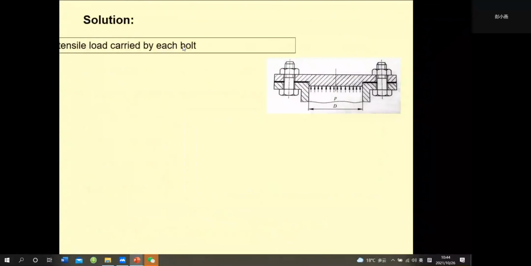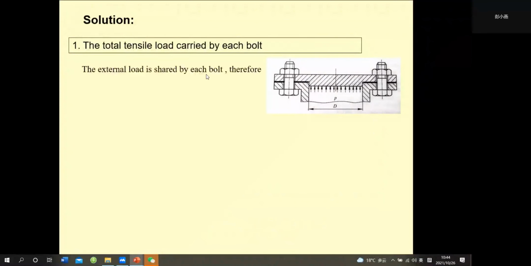So first, calculate the total tensile load carried by each bolt, and the external load, or the actual load, is shared by each bolt.